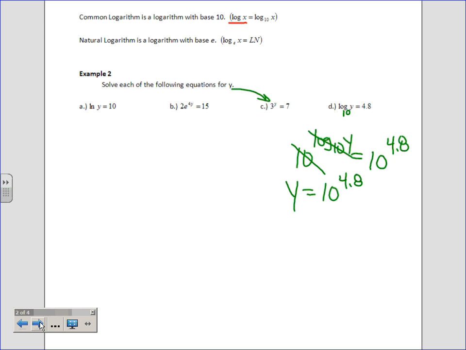This is logarithmic form, correct? Write it in. What's the base? Where's the exponent? It's right there in logarithmic. I don't know why my equals is way up there, but it is. Yes.